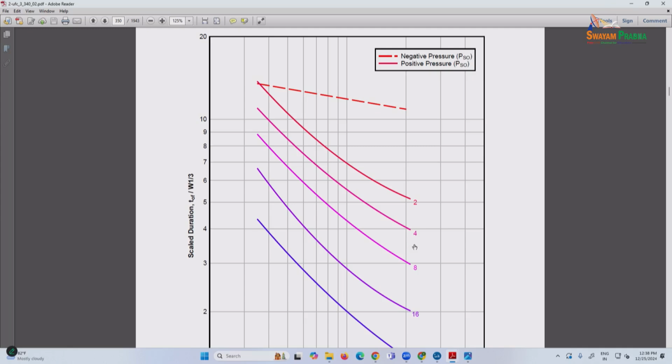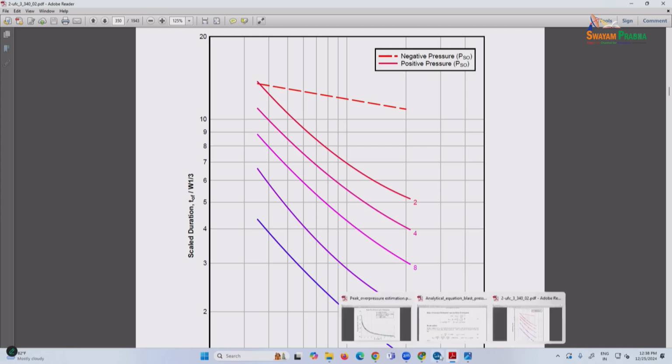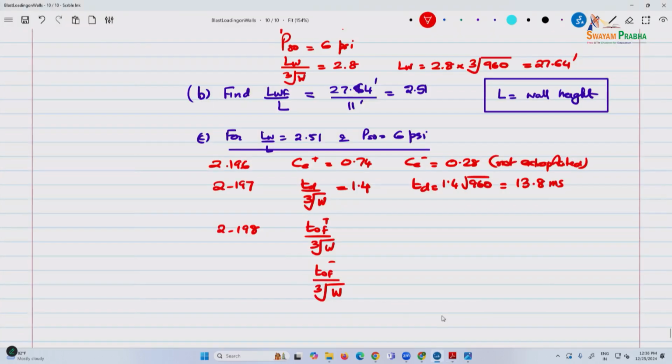So it's between 3 and 4, right? Somewhere here. And the negative pressure is this line. So this line stops at 10, maybe 11. So what did we say here? 3.5, let's say. So this is 3.5 and this is 11.